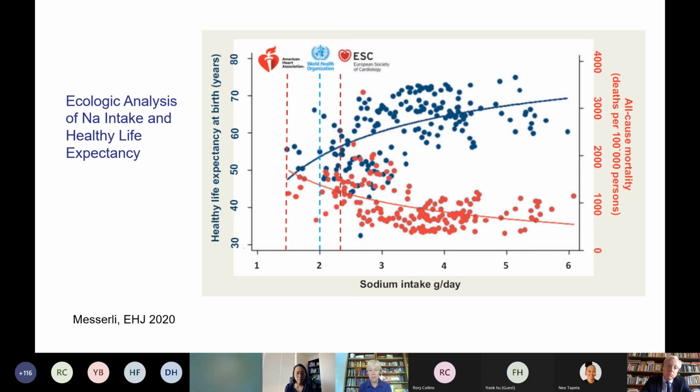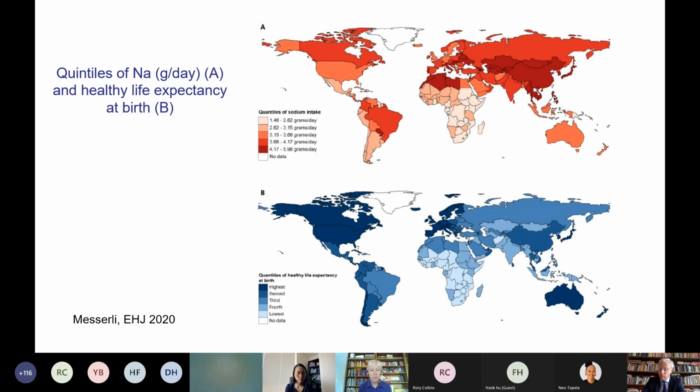However, this is an ecologic analysis, and so there is a lot of potential biases here. If you look at their plot of the various countries, you note that Africa has very low sodium intake, which is at the bottom in blue, in the top in red, but they also have low healthy life expectancy, whereas the US, the UK, and most of Europe has higher sodium intake, but they also have higher life expectancy.